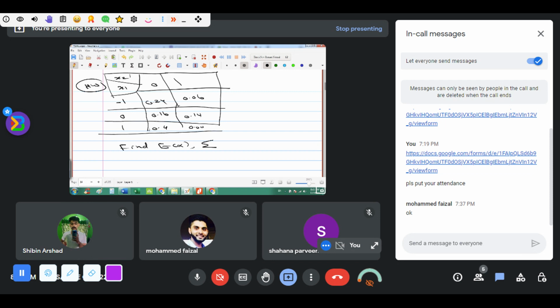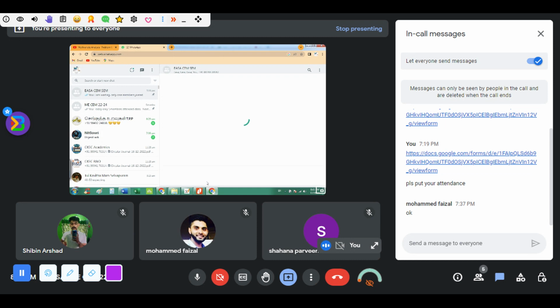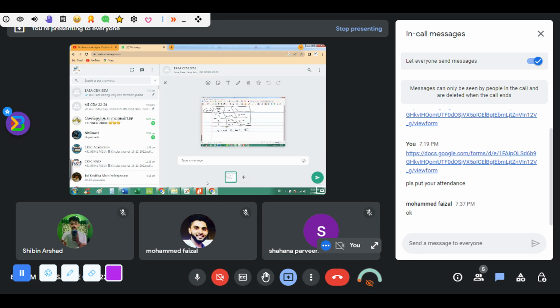Okay. Any doubt in the previous problem? If no doubt, I move to the next concept. No doubt, sir. Okay. I will also share this homework question in the classroom and in the WhatsApp group. Please complete it by tomorrow evening. I have given the time, and I am also sharing it in Google Classroom.